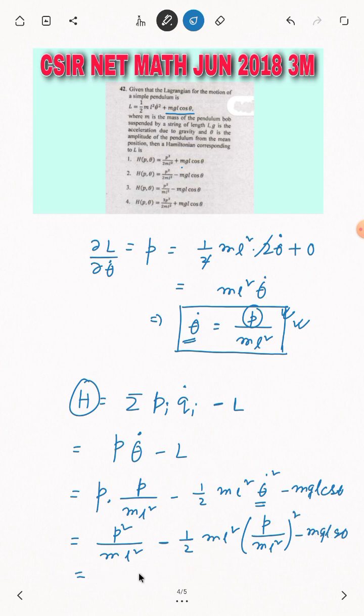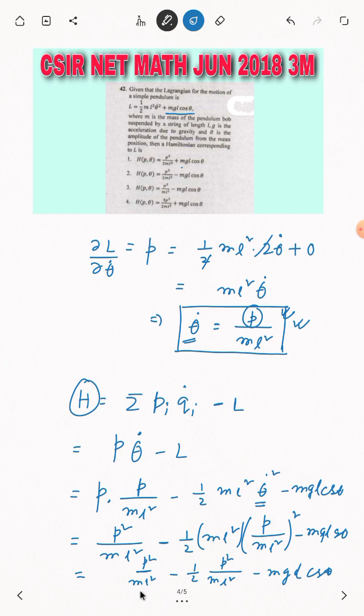The ml square will be cancelled and we will have p square by ml square minus half into p square by ml square, and minus mgl cos theta.